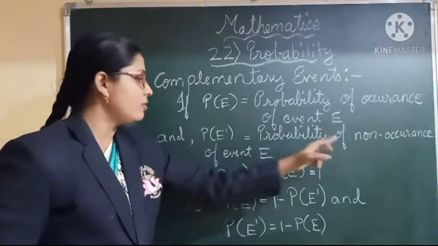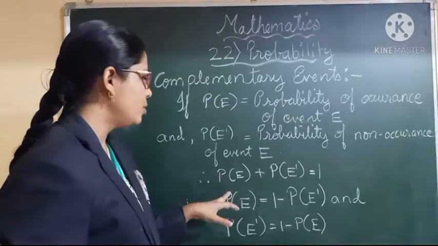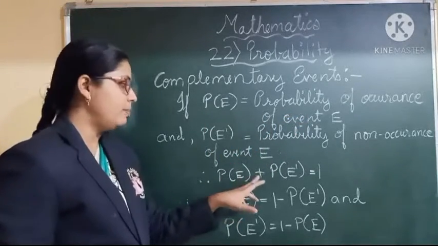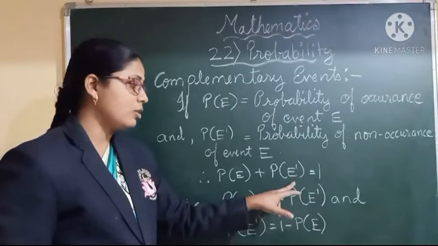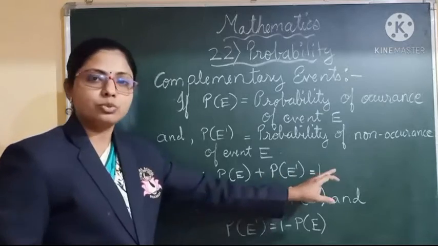So probability of event plus probability of event complement equals 1. It will always equal 1.